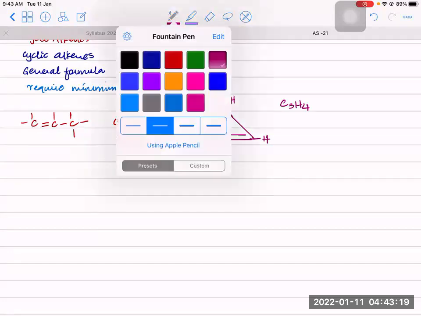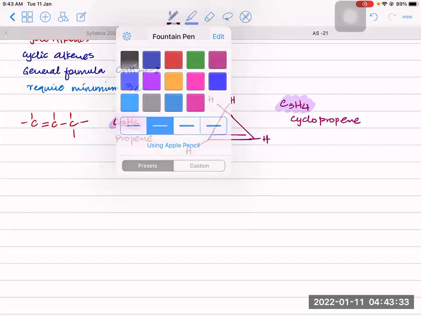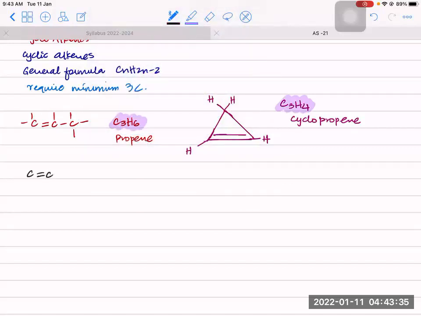This will be called cyclopropene. Do you see from straight chain to cyclic, you lose 2 hydrogens? Now let's see cyclobutene. So this is C4H8, butene.